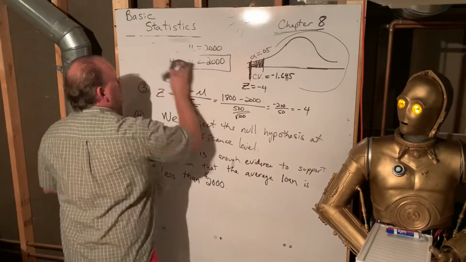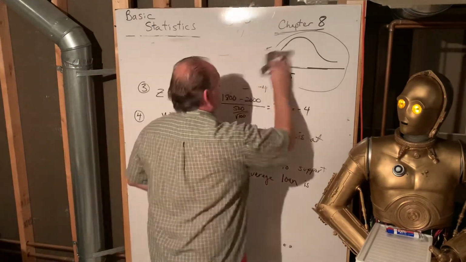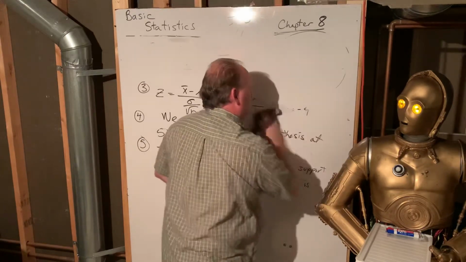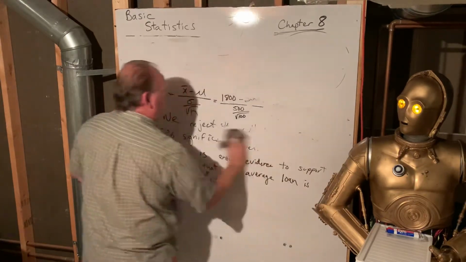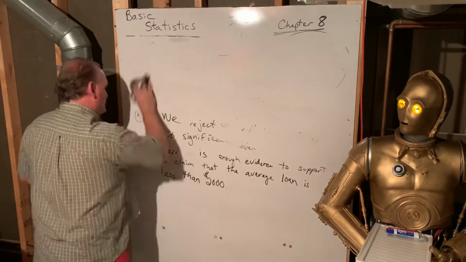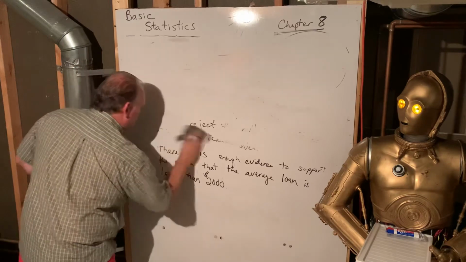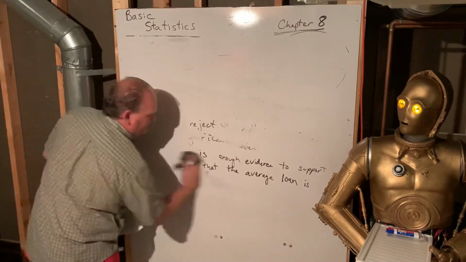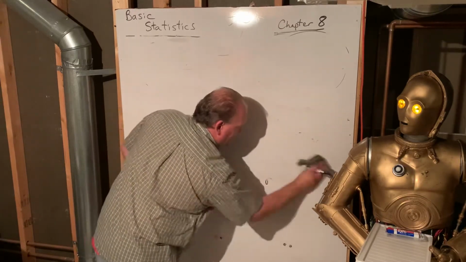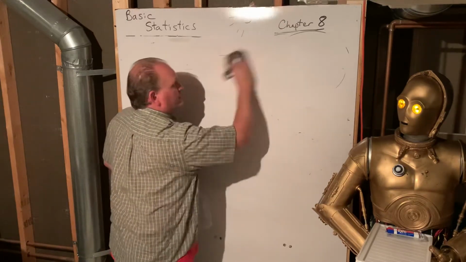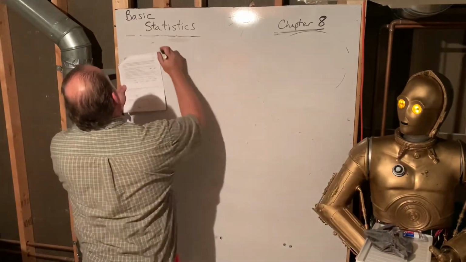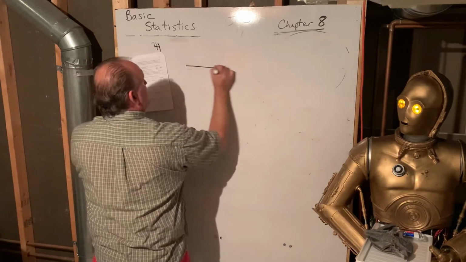That means it's a two-tailed test. So we're going to go with the two-tailed test and find the p-value.